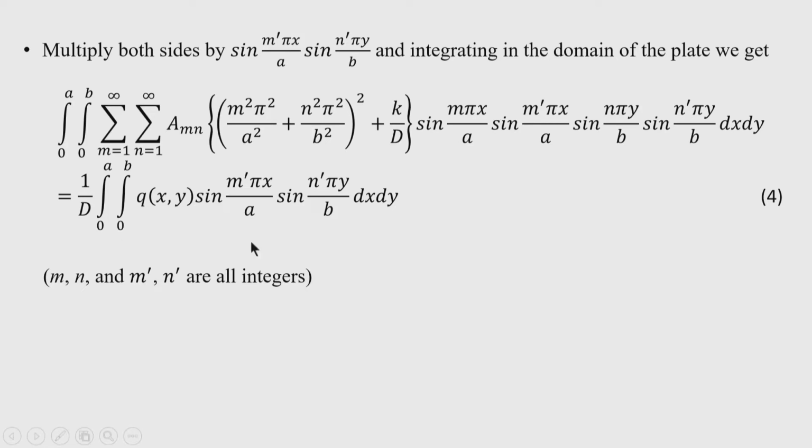So, the right hand side remains as it is, and q x y is our loading function. This loading function may differ. For uniformly distributed load, it will be one form, for uniformly varying load it will be in another form, and for concentrated load it will be in another form, that I have shown you, that it can be represented by the Dirac delta function.